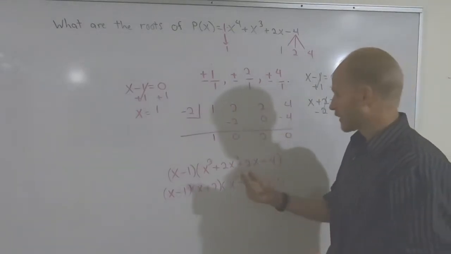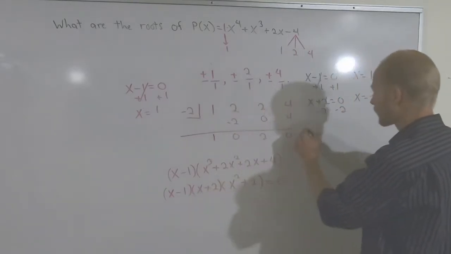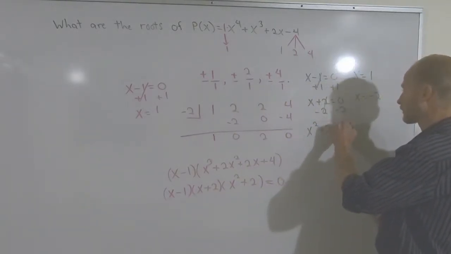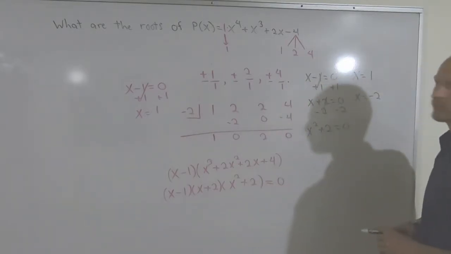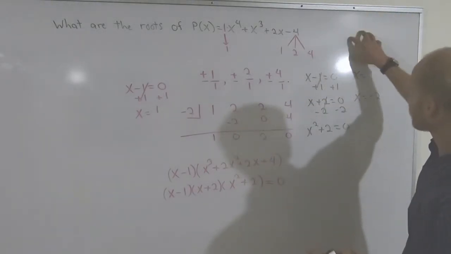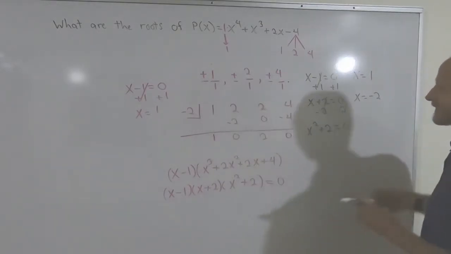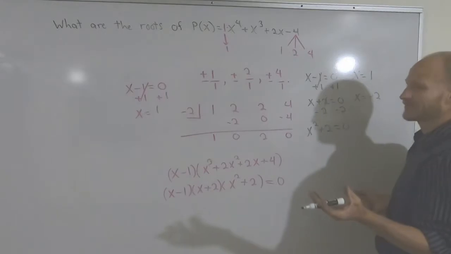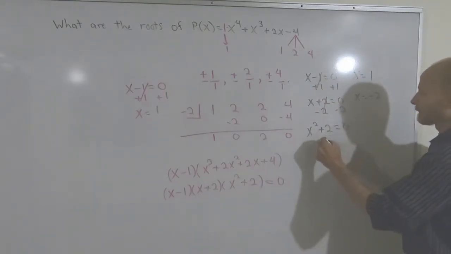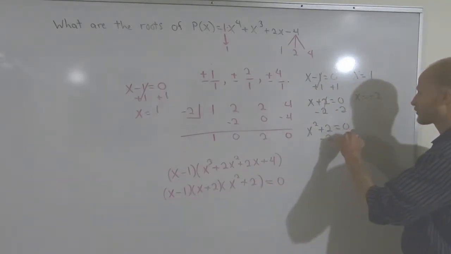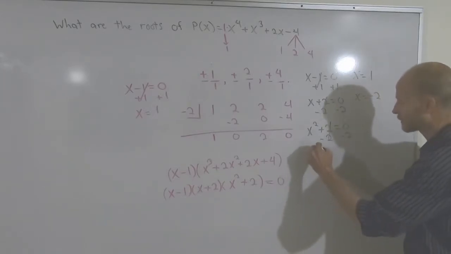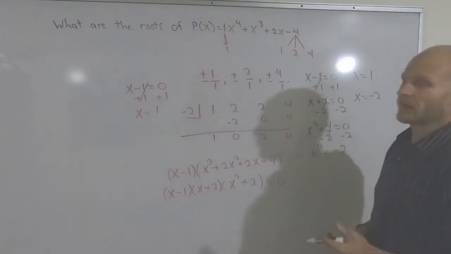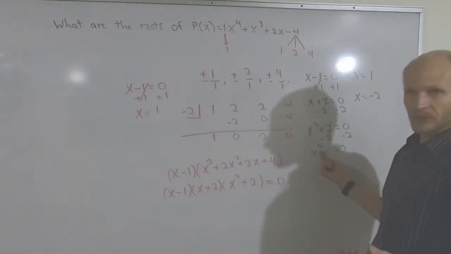All right, last factor, x squared plus 2 equals 0. This is going to take a little bit more work. Anyway, so subtract 2 from both sides, and then get x squared equals negative 2. All right, how do you unsquare x squared?